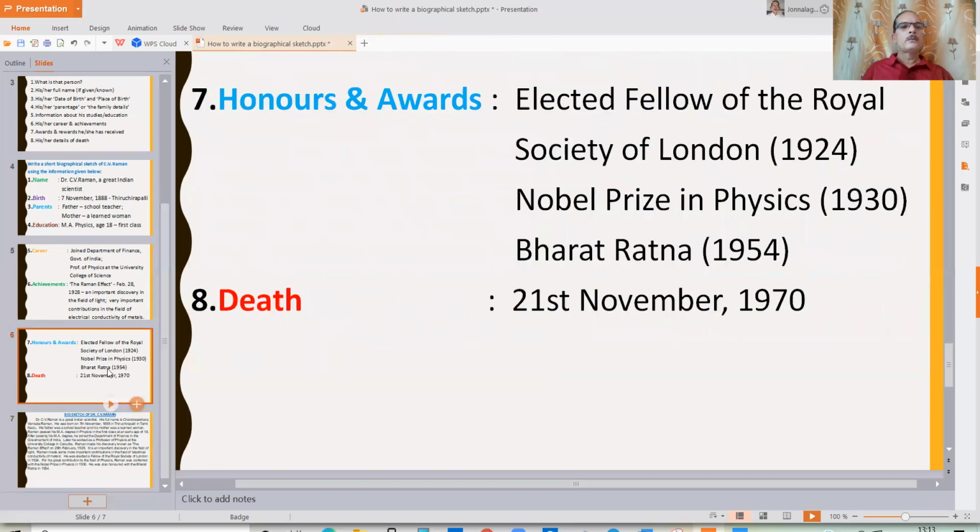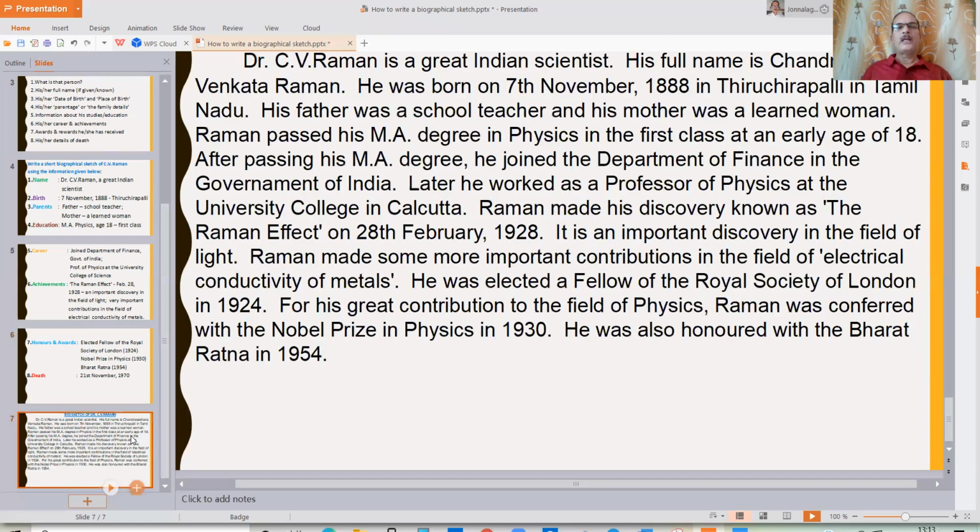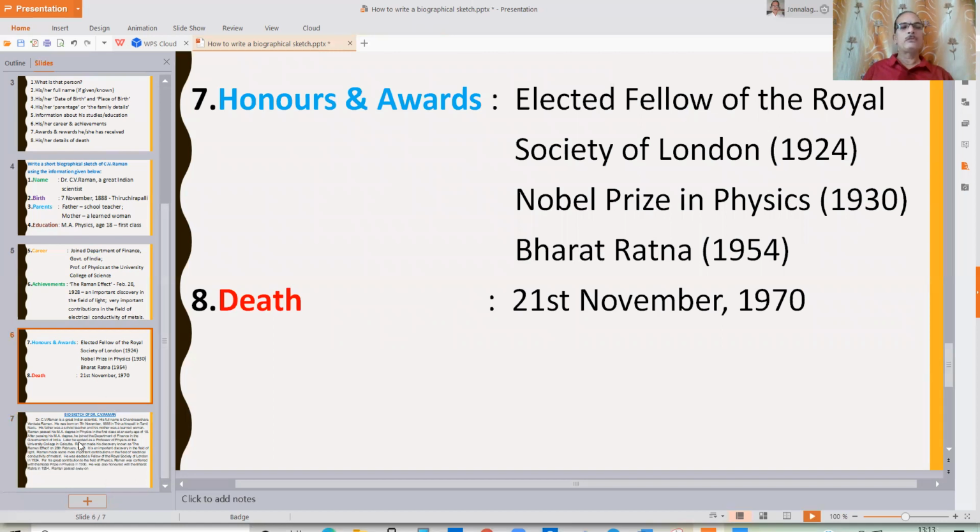And then death. See, when you mention the death of a person, especially a great person, personality, what we have to write? You should not simply write, he died on so and so date. You have to say, he passed away, he breathed his last. So you can write such sentences to mention that person's death. Raman passed away on, when did he pass away, when did he die? 21st November.